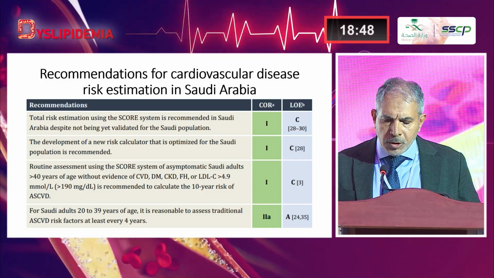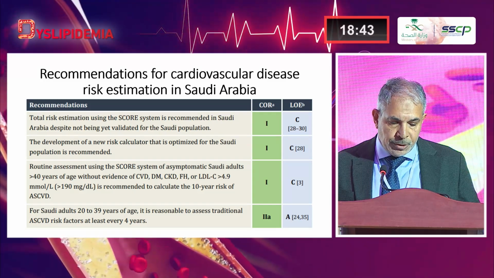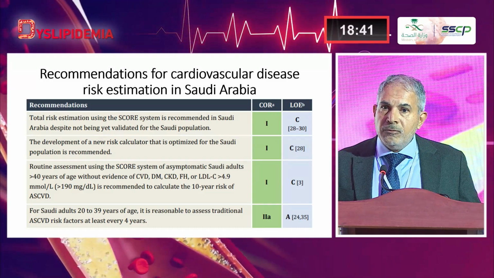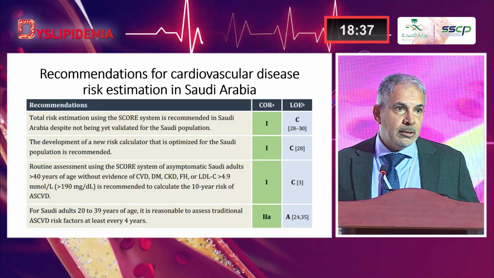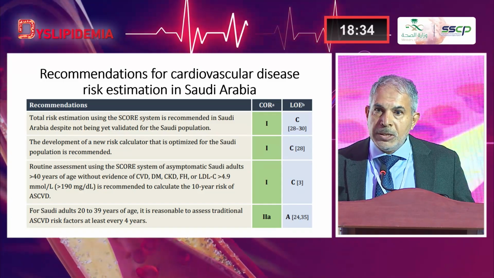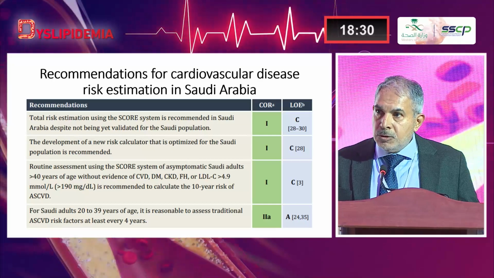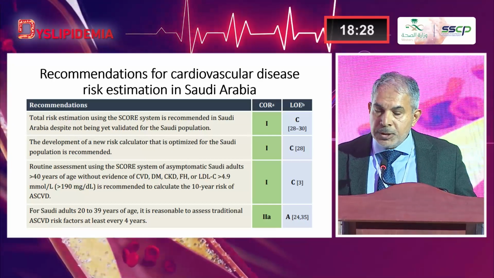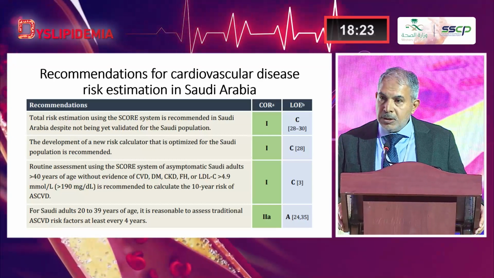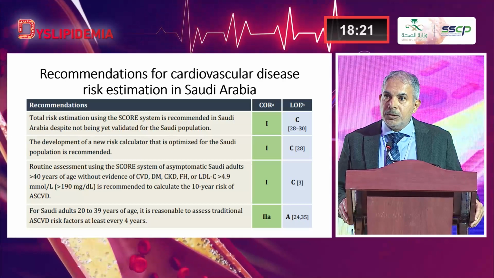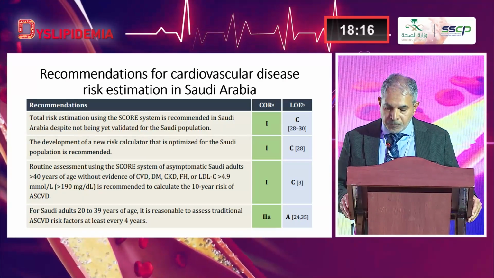In our just published Saudi dyslipidemia guidelines, we made a class 1 recommendation for utilizing the SCORE system for assessment of risk. We do not have today any tool that has been validated in our own population. However, we are advocating the use of the SCORE system, and we acknowledge that there is an urgent need to develop a risk scoring system specifically adapted for our population.